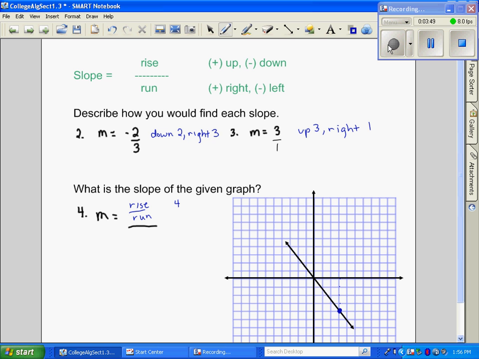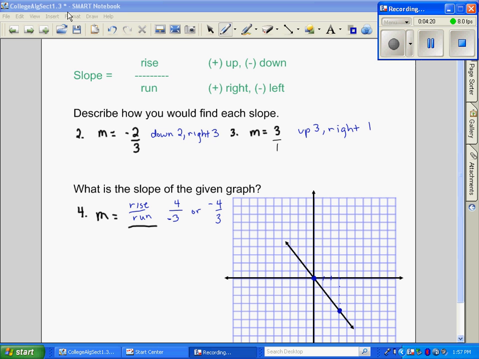And how many do I go over to meet my line again at this direct cross-through? To the left 1, 2, 3. So it's 3, but since I went to the left, which is negative, it's 4 over negative 3, which is the same thing as negative 4 thirds. It still represents a negative slope.